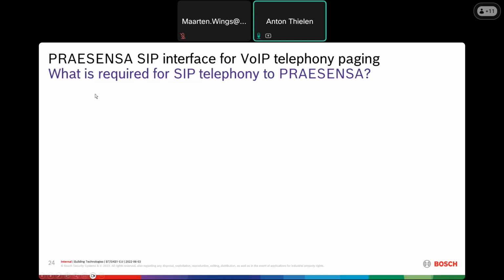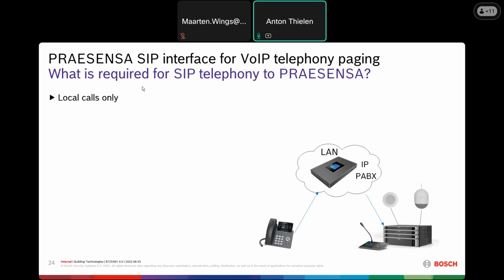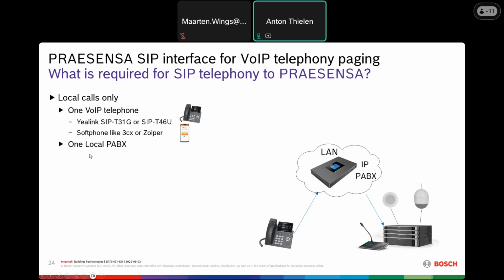What is required for SIP telephony to PRAESENSA? As already mentioned, it's for local calls only. When you only want local calls, you need to have a telephone, a soft phone like Zoiper or 3CX, and you need to have a local PABX.